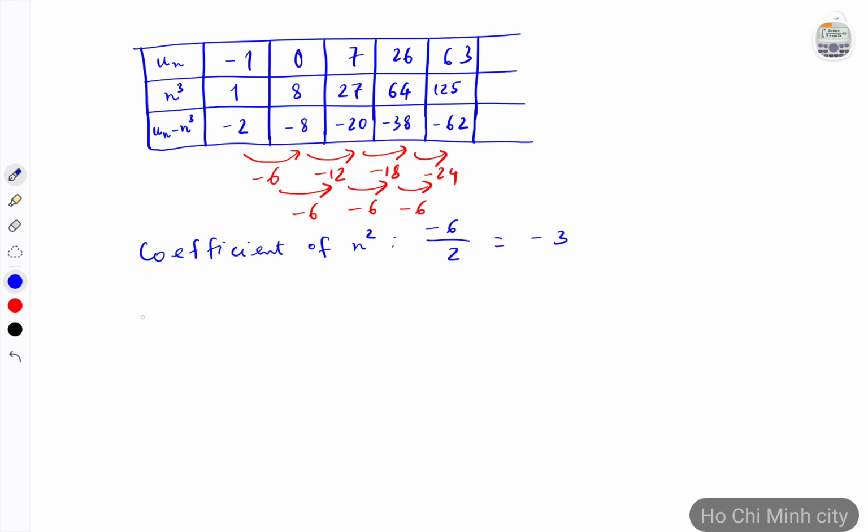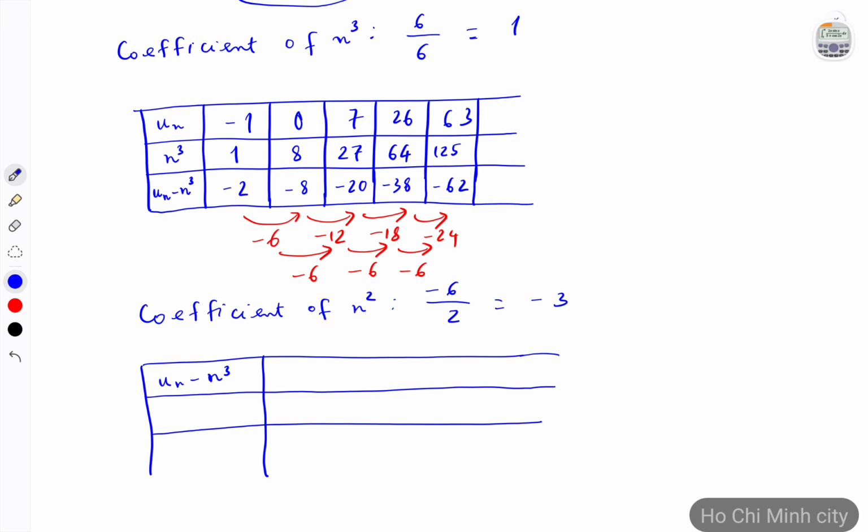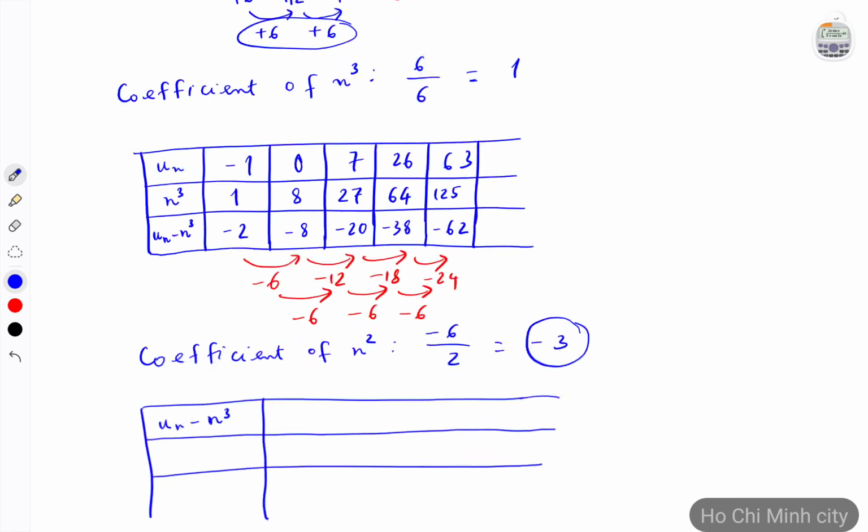So one more time, we have a table. But this time, the first row is not un. The first row has to be un minus n cubed. The second row is going to be the coefficient plugged in, so we have negative 3n squared.